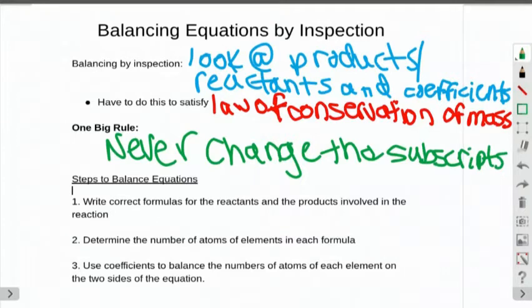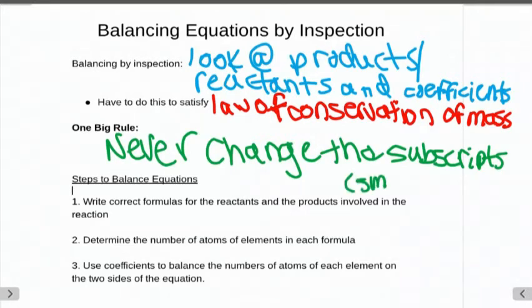So we are only going to balance equations by adding coefficients in front of the chemical formulas. We're never going to change those small numbers in the formula. You cannot change the physical formula. You are just adding coefficients to balance out the atoms in the formula.